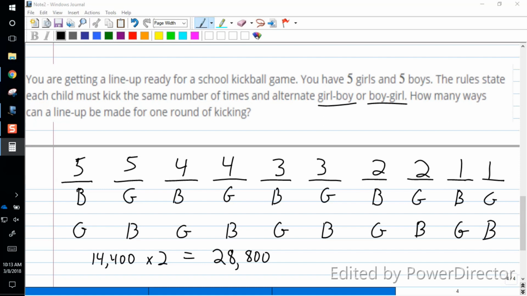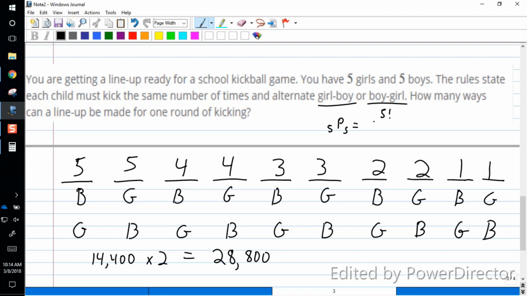Yeah, that does, because that's 5 factorial divided by (5 minus 5) factorial. So that's 5 factorial divided by 0 factorial, which is 120. Well, shouldn't it come out 28,800 if that's the answer?